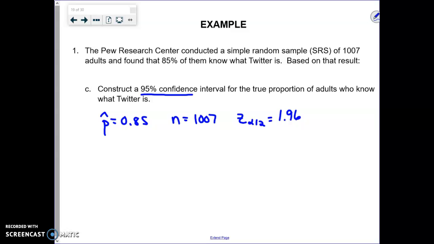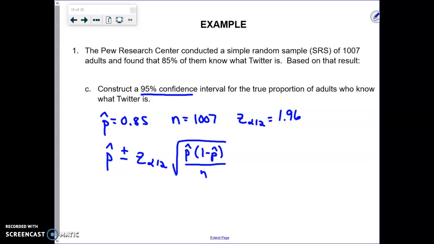So now we do the calculation. Again, we're going to take p hat plus or minus our critical z value times our standard error, which is the square root of p hat times 1 minus p hat all over n.